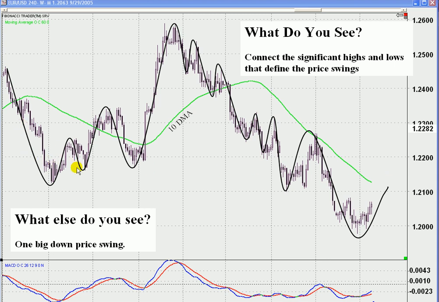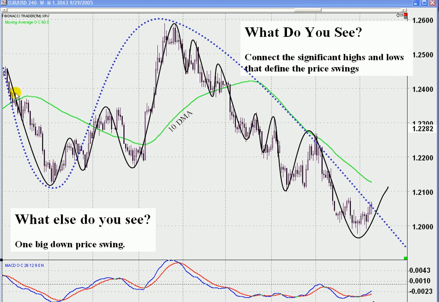Here are our somewhat distinct price swings for the series, but if we step back and look at the bigger picture here, what we see is one large price swing with a multitude of smaller price swings.